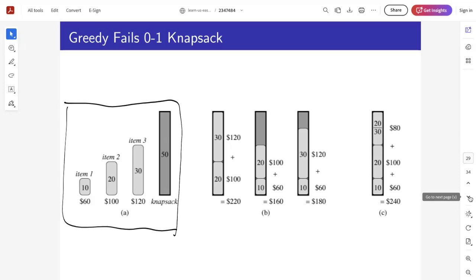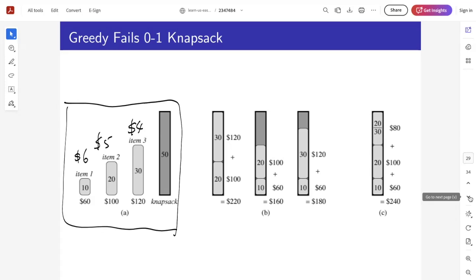So we figure out the value per pound. For item 1, it is $6, so divide 60 by 10. Item 2 is $5 because we divide 100 by 20, and for item 3, the value per pound is $4.